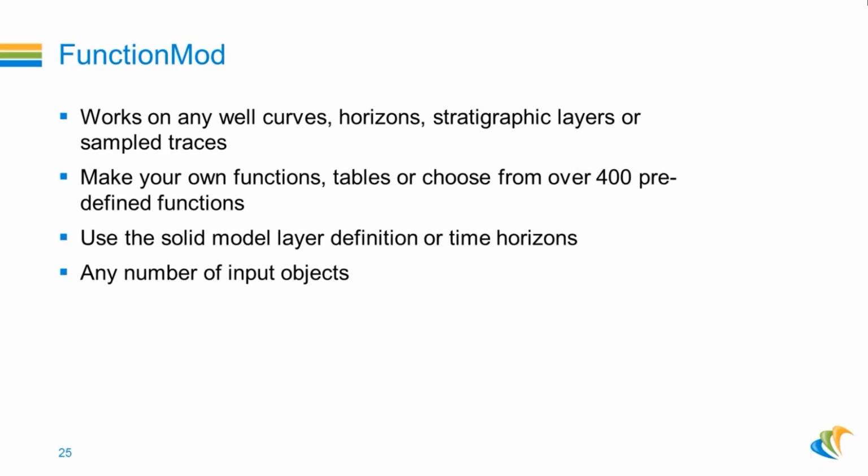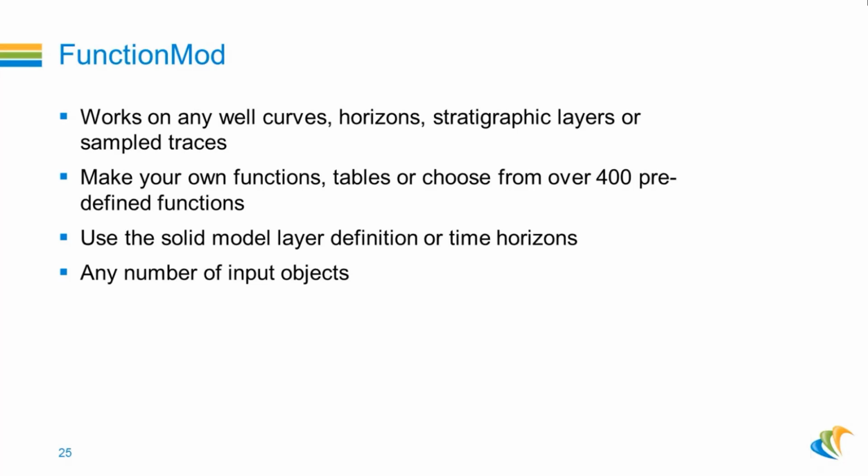Then there's FunctionMod, and FunctionMod is like a mathematical spreadsheet program, and you can use any well curves, horizons, stratigraphic layers, or sample traces. You can do any mathematical function on those. You can use functions, tables, or you can even choose from any of the 400 predefined functions.